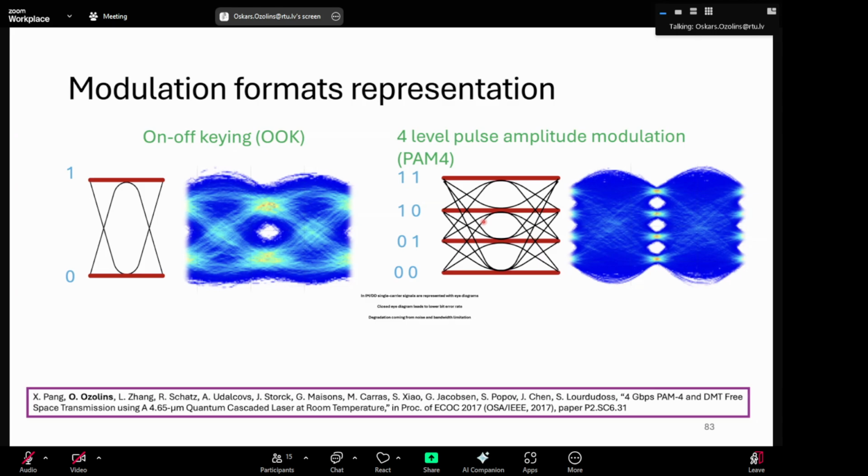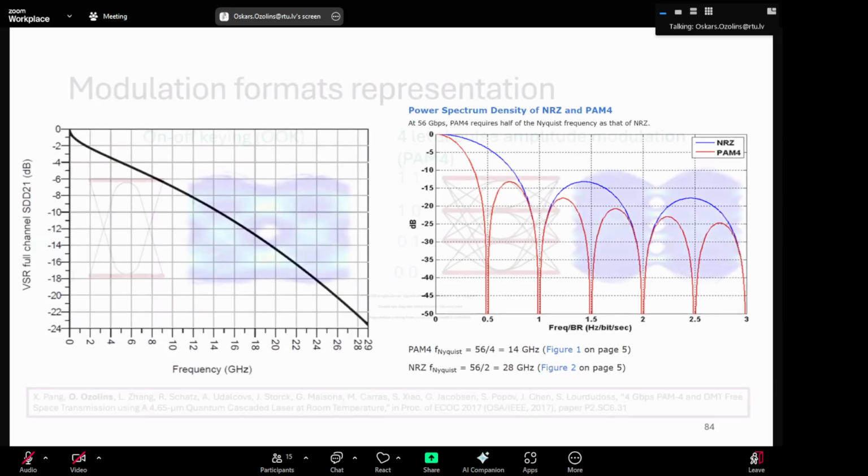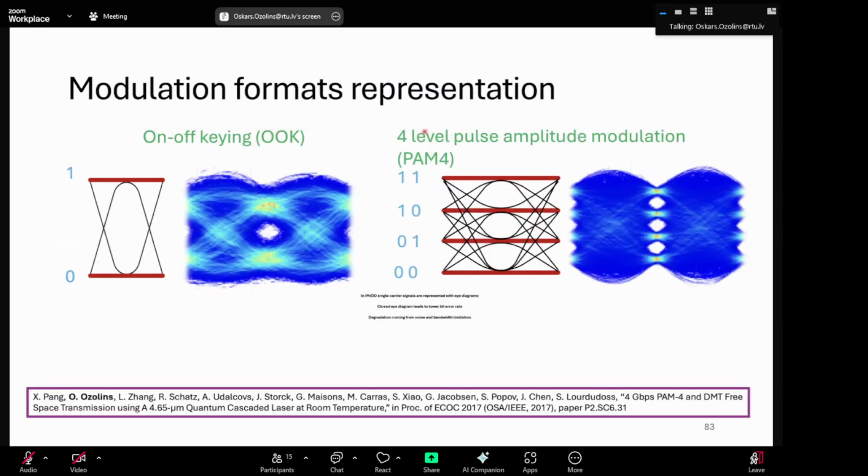Right, but then if we look again at what I talked about, the bandwidth. This is without pulse shaping. We have an electrical spectrum, and we look at the Nyquist frequency for both PAM4 and NRZ signals. When I was talking about getting twice the speed, I was talking about them utilizing the same bandwidth.